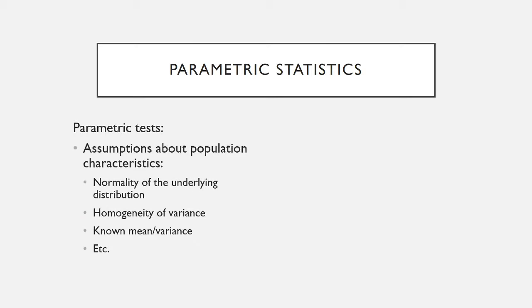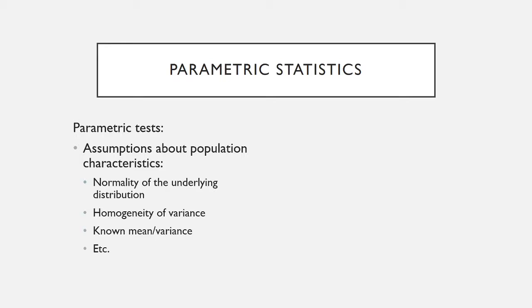So let's get started. There's a distinction between two general classes of inferential statistics: parametric versus non-parametric statistics. Most of your classic statistical analyses and all of the ones we've learned about so far are what are called parametric tests. A parametric test is normally going to have some assumptions that need to be true about the population that you sampled from as well as about the data.